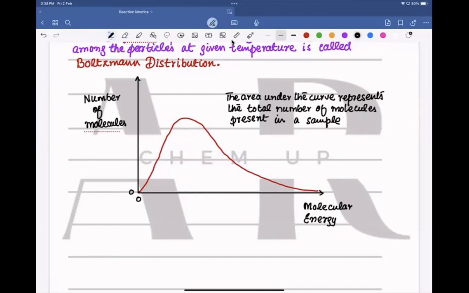And on the energy axis, I'm putting this line. It means that this is activation energy.